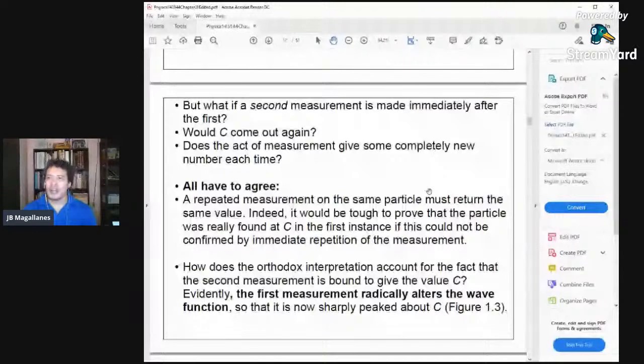So you have to measure immediately in order to have a result that matches the previous measurement. Because if you spend time, the probability of change is very high, and so you would get another value.